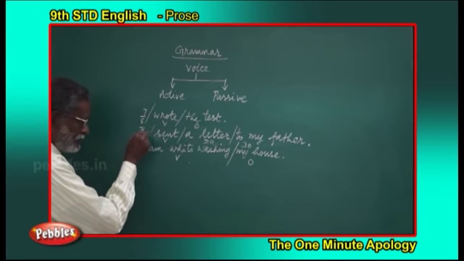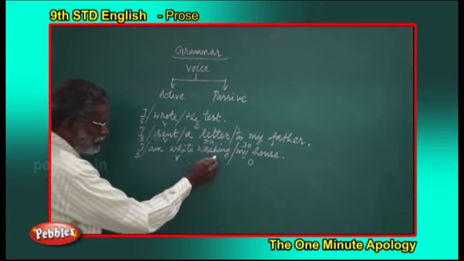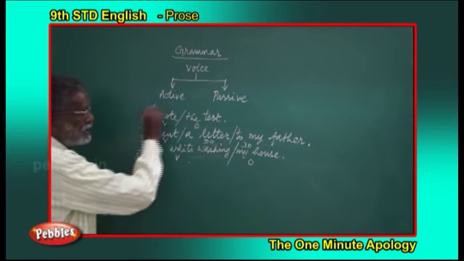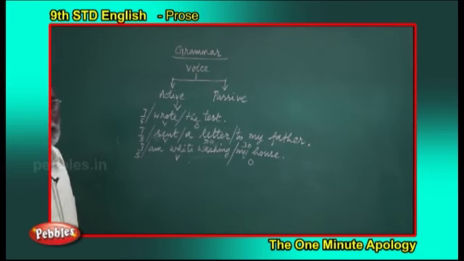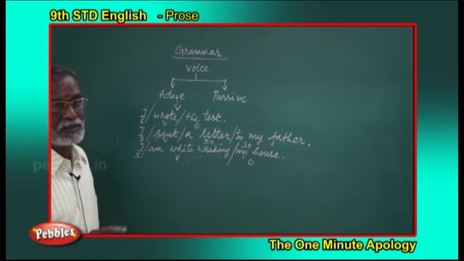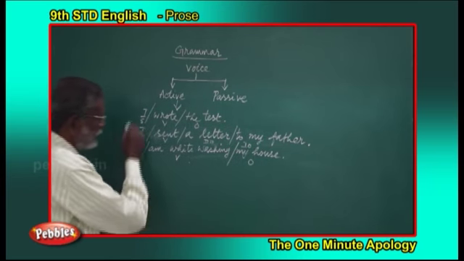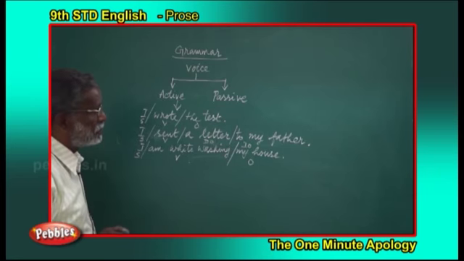So it is active. The subject is active. And here also whitewashing, this is the action done by the subject. So these sentences are called active voice. These sentences are in active voice. So in all these sentences, the subject is doing something, the subject is active.